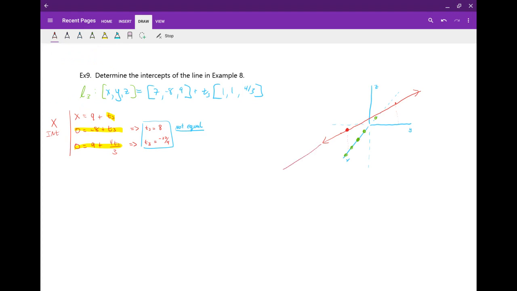And then maybe my z coordinate is 0, probably like here, right? Does that make sense? By the way, my y coordinate is 0 here because at this point on the line, I've got no left-rightness.